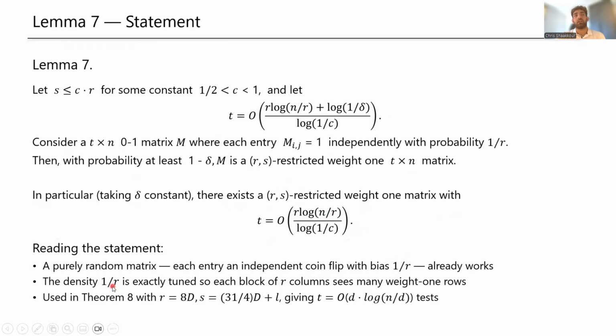The density 1 divided by R is exactly tuned, so each block of R columns sees many weight 1 rows, okay? So there are a lot of elements that I'm going to be questioning with this density. This lemma is used in theorem number 8 with these parameters. We're going to see this later.